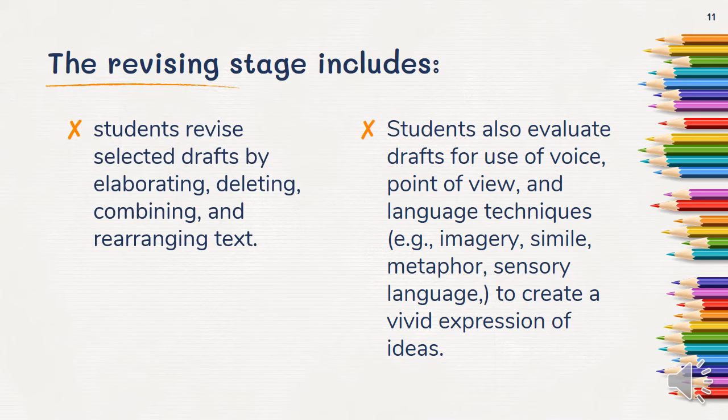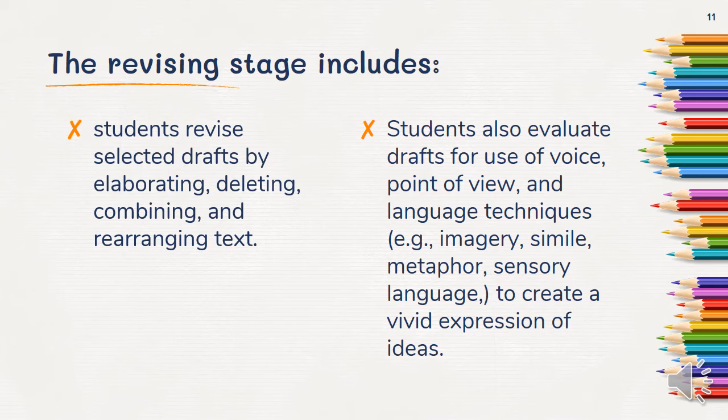No, it will be a draft, so I have to revise my draft. Elaborate means that I add more ideas, or I delete the sentences that repeat the same idea over and over, or combining, like I combine 2 ideas together. Okay, and rearrange the text. This means sometimes I will consider one of the paragraphs should come before the other, so I have to rearrange the ideas to make the logical sequence we talked about before.